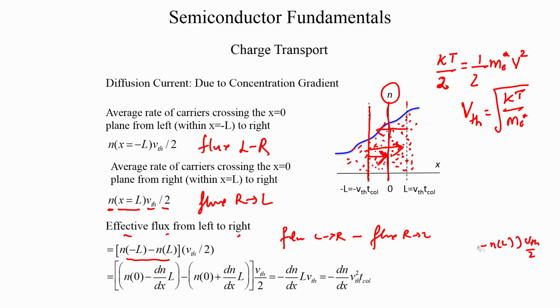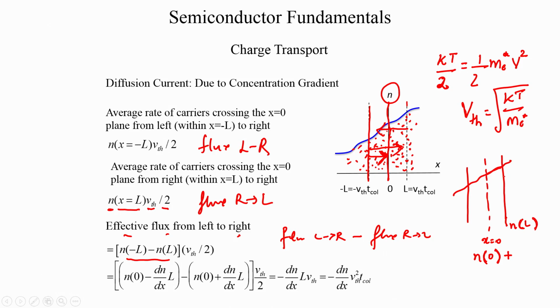Now, if we know the carrier count at x equal to 0, which we will call n of 0, the carrier concentration n of L is simply n of 0 plus the slope dn by dx times this distance L, or if you want, you can think of it as a Taylor expansion.